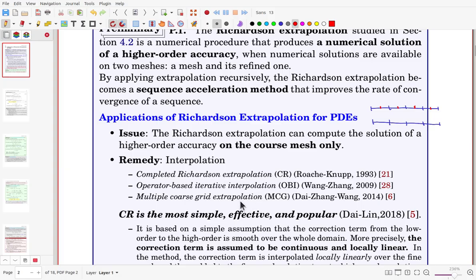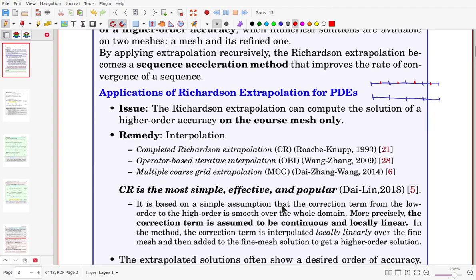And later on, one of these authors, Dai and Lin, in 2018, published a paper comparing these techniques, and they concluded that the CR, the completed Richardson extrapolation, is the most simple, effective, and popular.